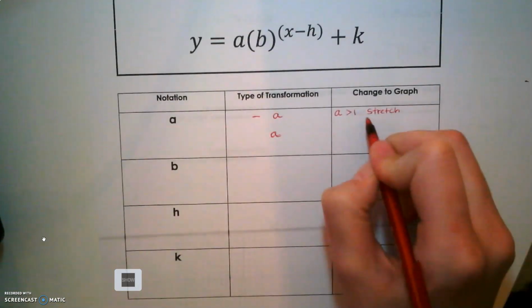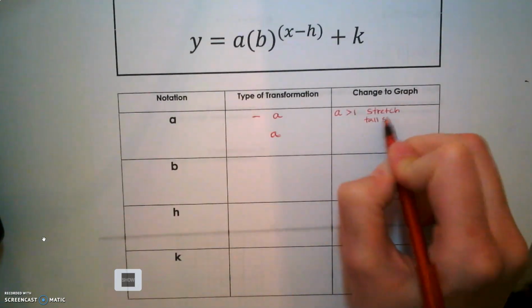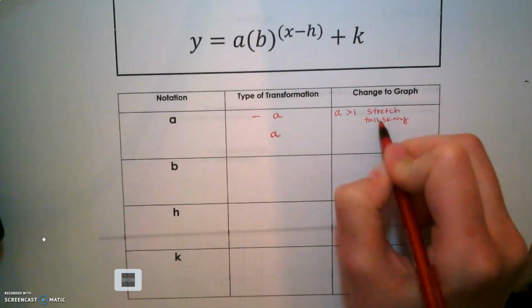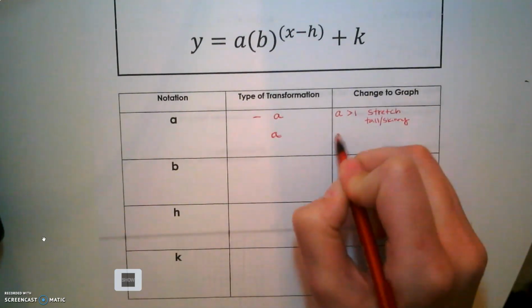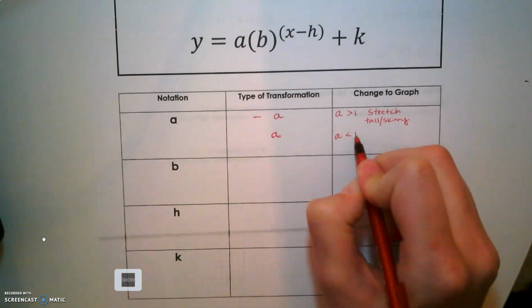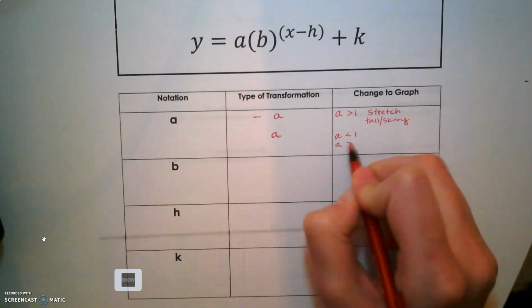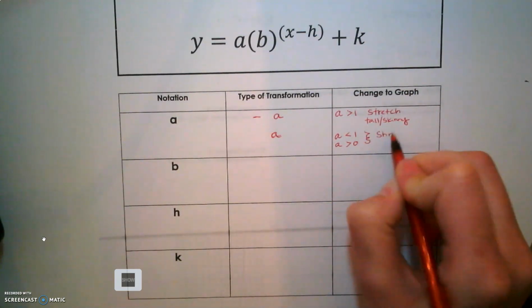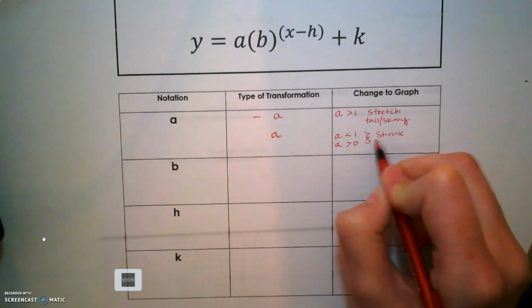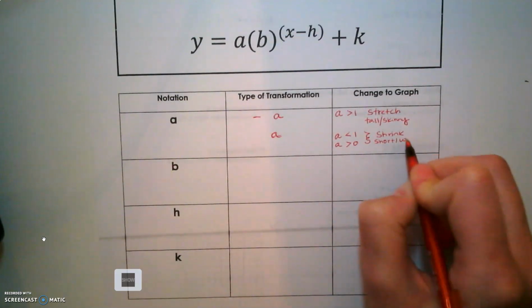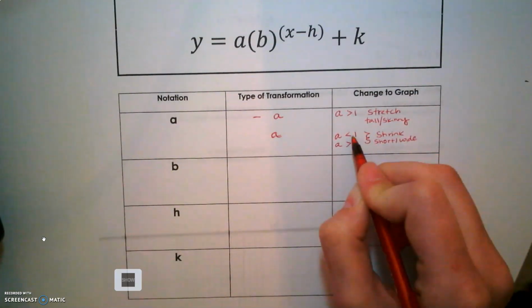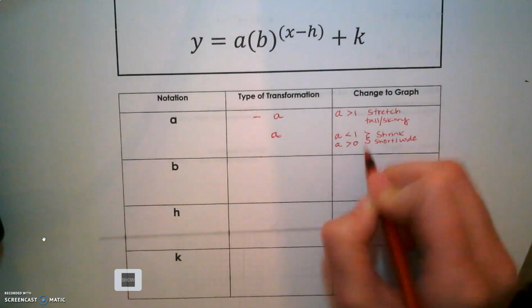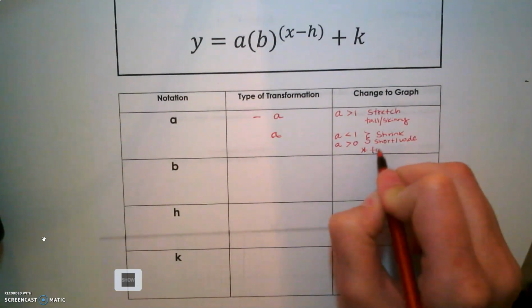Remember, our graph's going to get tall and skinny. When that A value was less than 1 but greater than 0, that's a shrink. Remember, that's short and wide. And we talked about numbers that are less than 1 but greater than 0 are fractions.